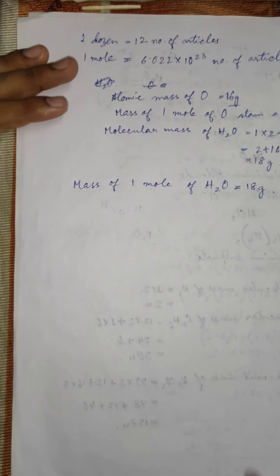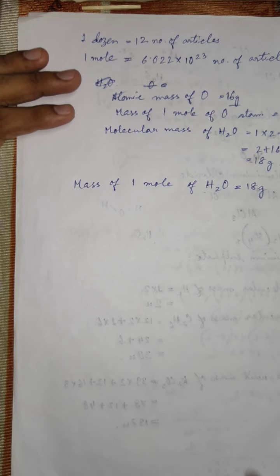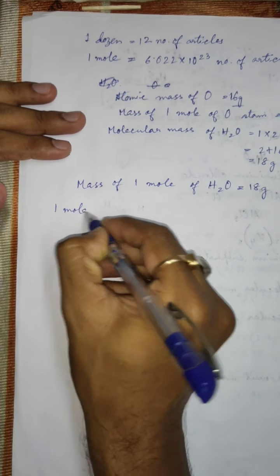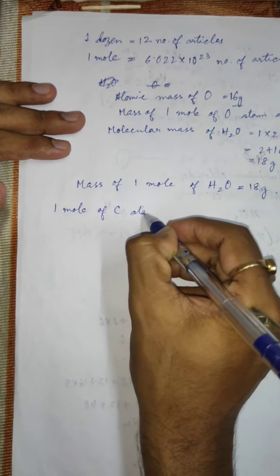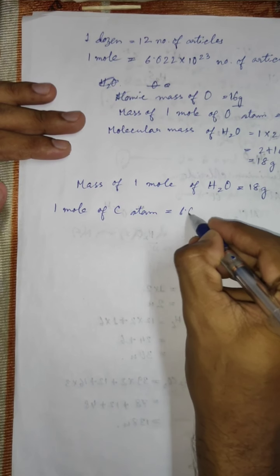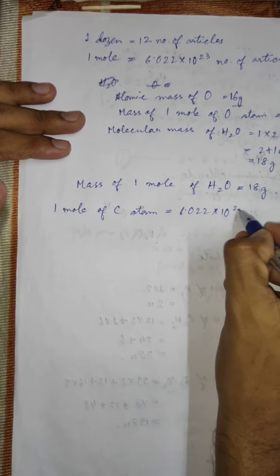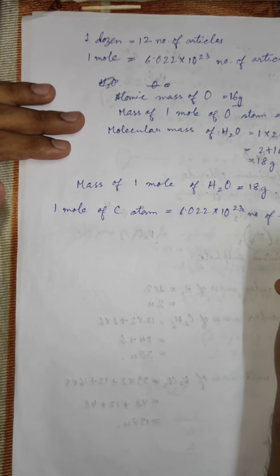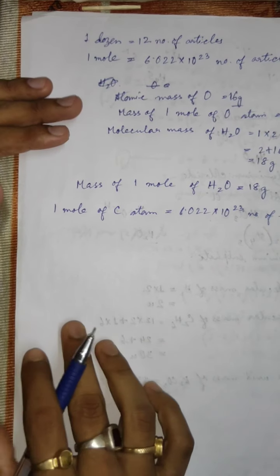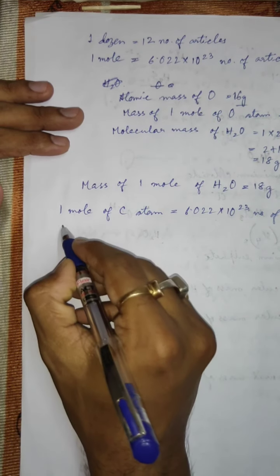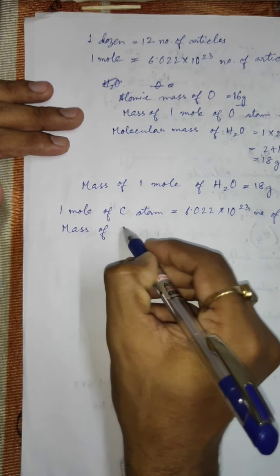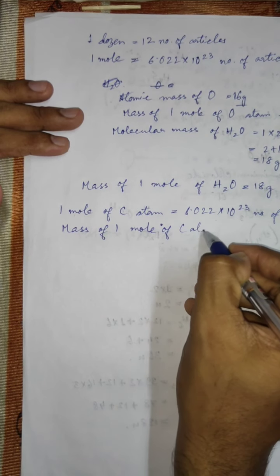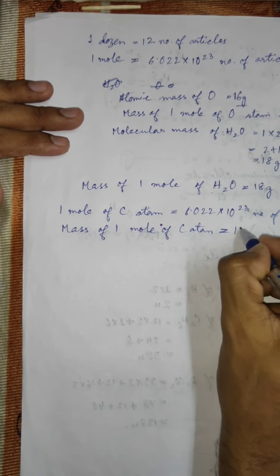1 mole of carbon atom is equal to 6.022 into 10 to the power 23 carbon atoms. The mass of 1 mole of carbon atom is equal to the atomic mass of carbon, that is 12 gram.